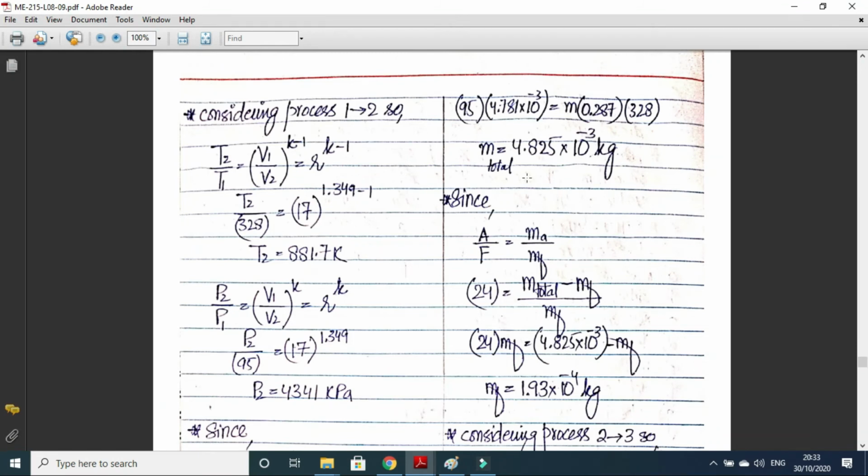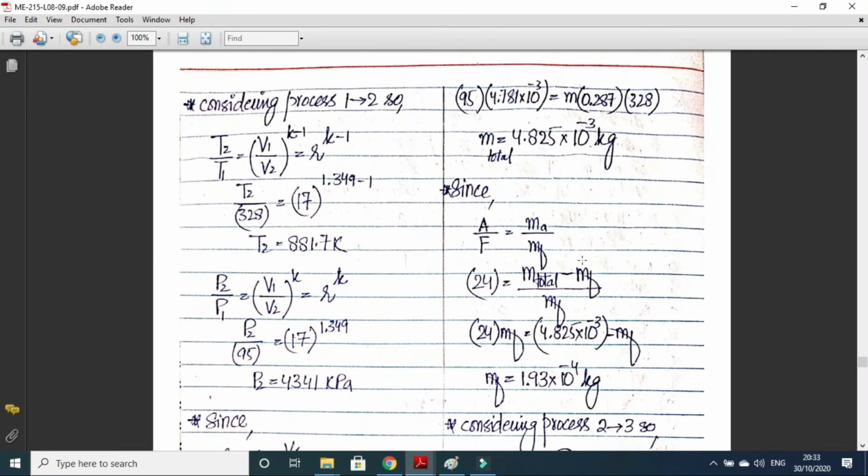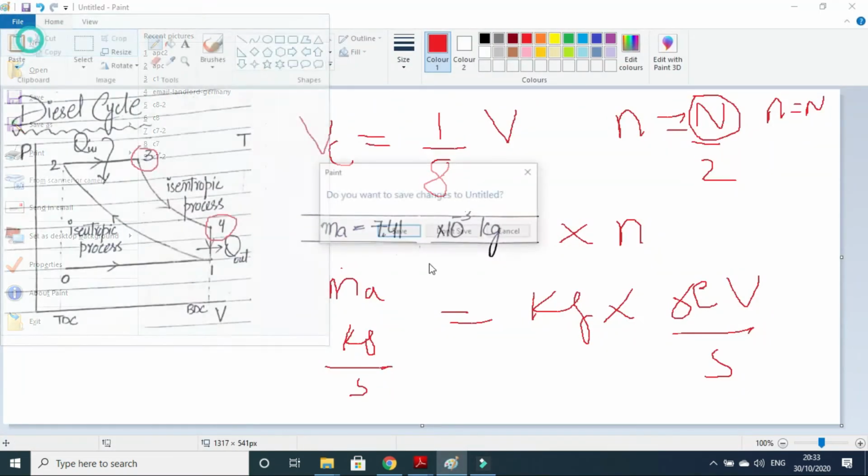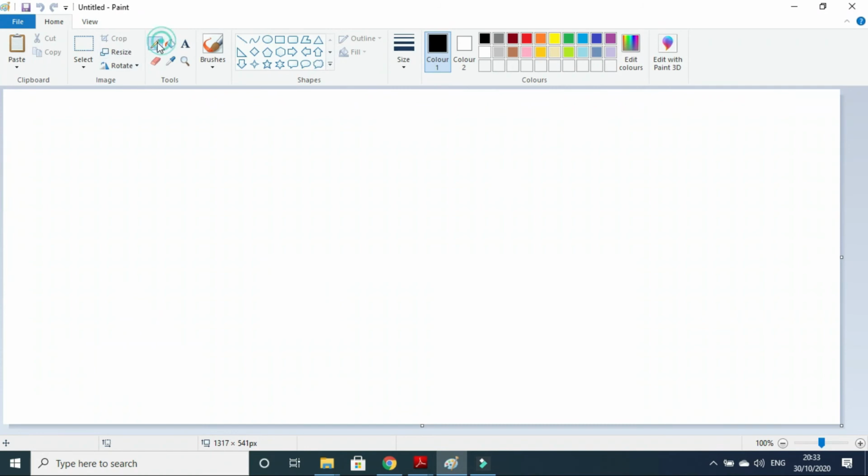So once we know the total mass, we can calculate the mass of fuel with this air fuel ratio formula. Air fuel ratio will be equal to mass of air divided by mass of fuel. Mass of air can be written in terms of total mass minus mf. I told you in the last class as well that total mass will be equal to mass of fuel plus mass of air.